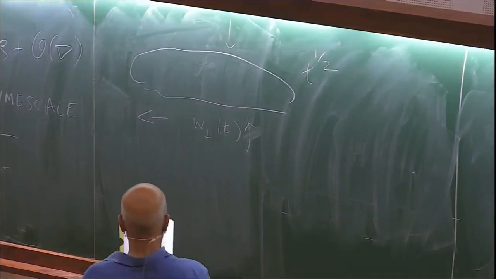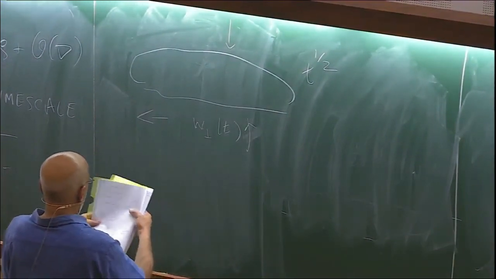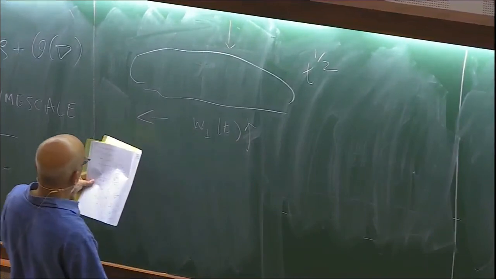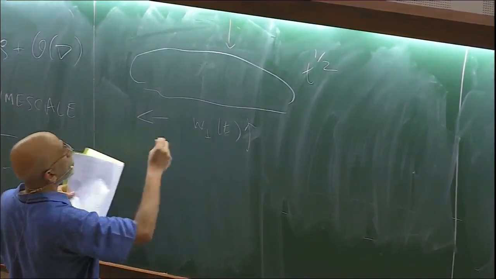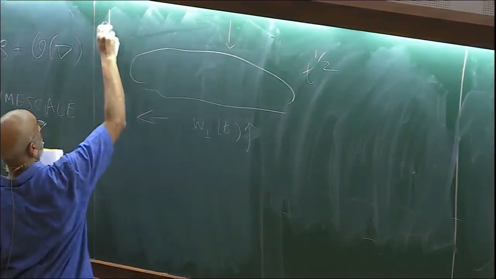And let's see if we can... so the number of spins is this times this. So we're now in d equals 2.